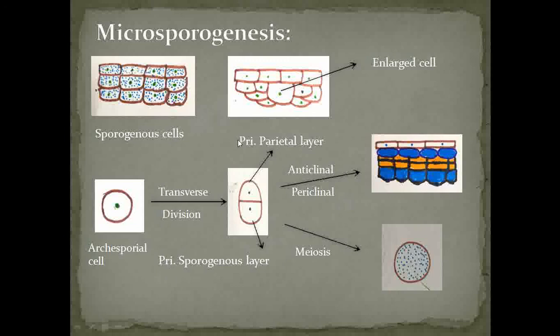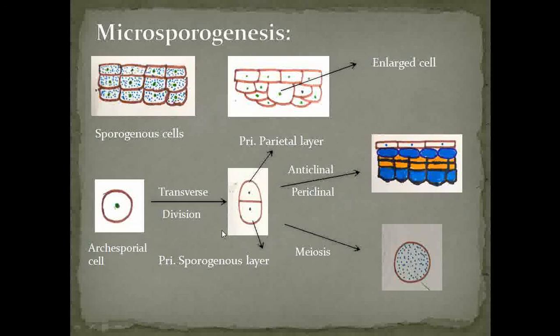This primary parietal layer again undergoes many anticlinal and periclinal divisions to develop the wall of the anther, that is the epidermis, endothecium, middle layer and tapetum.